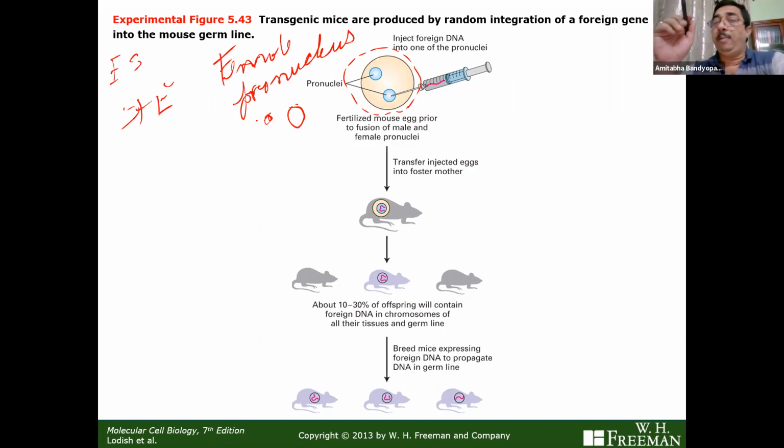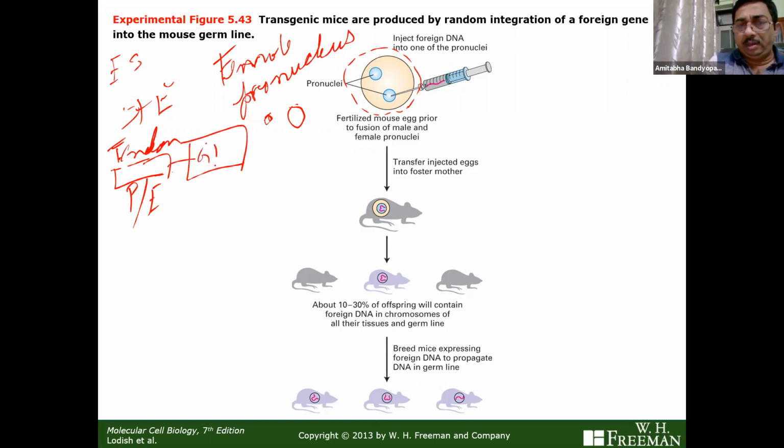So you take a modified DNA. In these cases, when you are making a transgenic mouse, say you want to express GFP in tendon cells, you know the tendon-specific promoter enhancer.